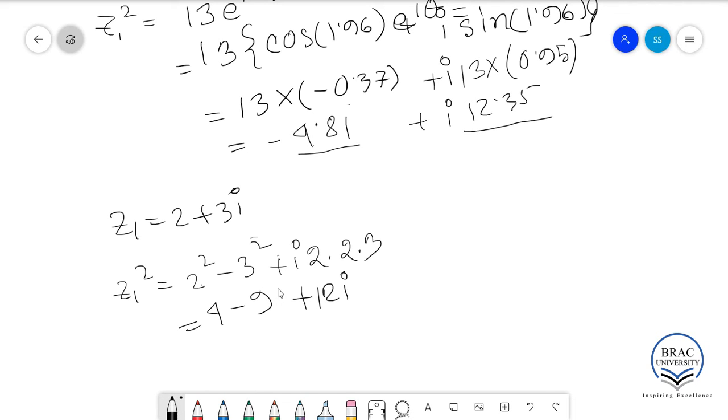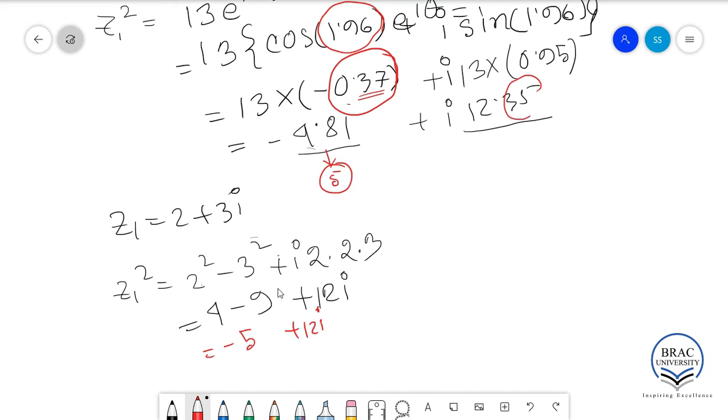Well, the reason these are not exactly equal is coming from this part and this part, because this will have more digits in it, and if you take into account all those digits, then this will eventually become 5. So this is very close to 5, and here you can see this is minus 5 plus 12i, and this 0.35 will be negligible when you consider all the digits coming from this sine 1.96.